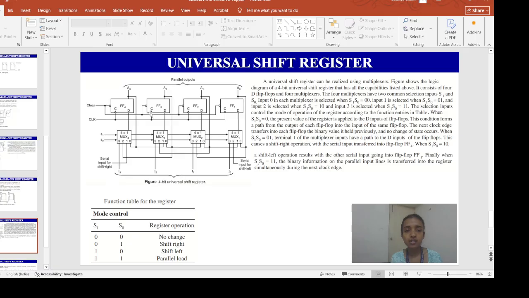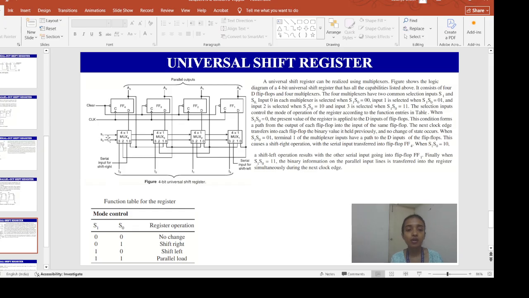This is the clock signal, this is the clear signal. When the next clock edge comes, it transfers into each flip-flop the binary value it held previously, and no change in the state will occur.